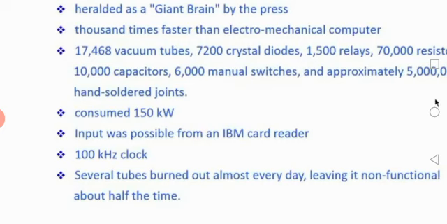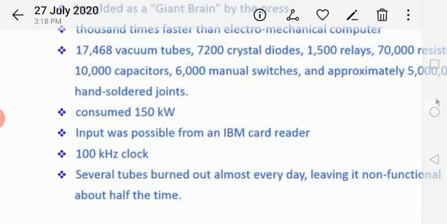As the number of connections increases, the reliability of the circuit decreases. This is a very general concept. Hand solder joints were used, so they can break anytime. So these were the problems associated with the ENIAC computer.